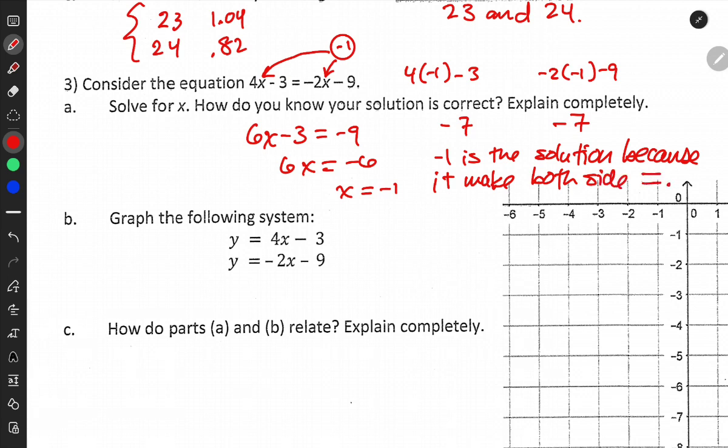Namely, equal to negative 7. They are both negative 7 when I plug in x is negative 1. That's exactly what I'm claiming. I'm claiming when x is negative 1, the left-hand side and the right-hand side are the same.